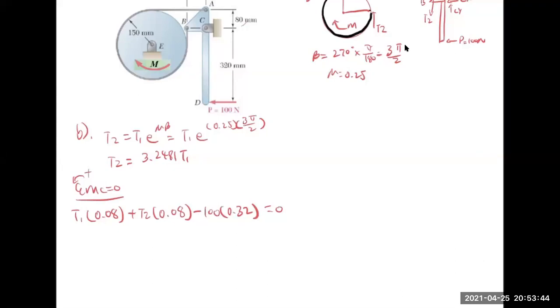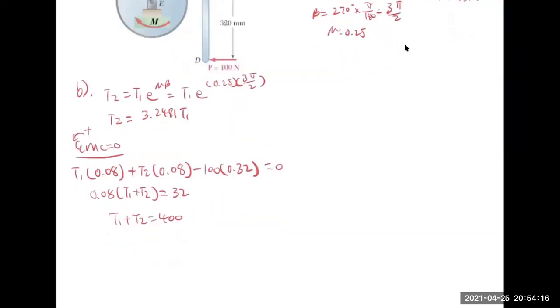Next, we can take this 0.08 out. So T1 plus T2 will be equal to 100 multiplied by 0.32, which is 32, and then divide both sides by 0.08. So we get T1 plus T2 is equal to 400. We know that T2 is equal to 3.2481 T1, so we can sub that in. T1 plus 3.2481 T1 is equal to 400, and then simply solve for T1.